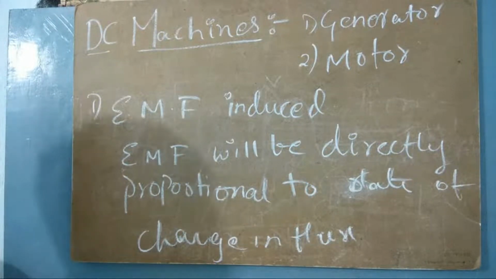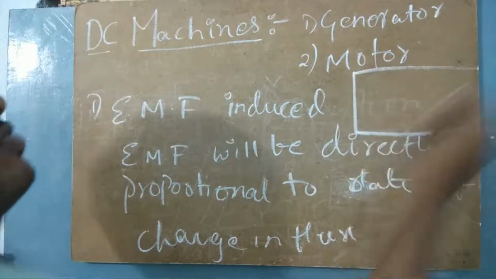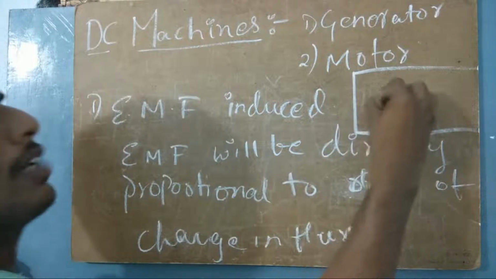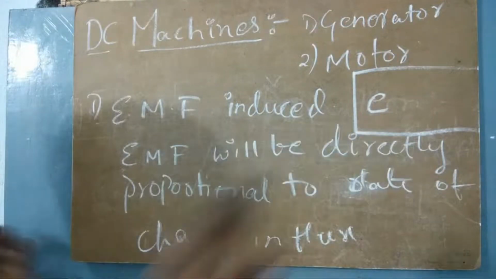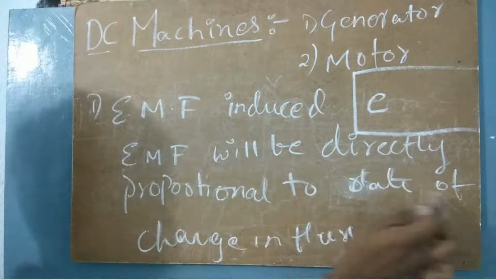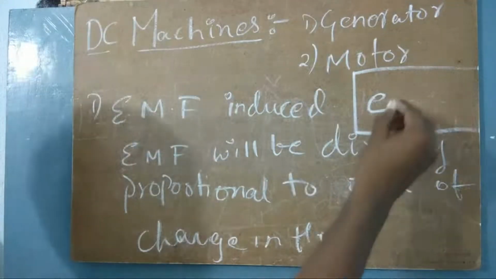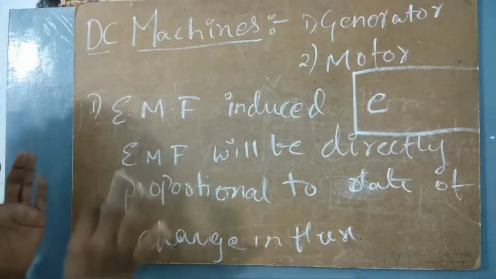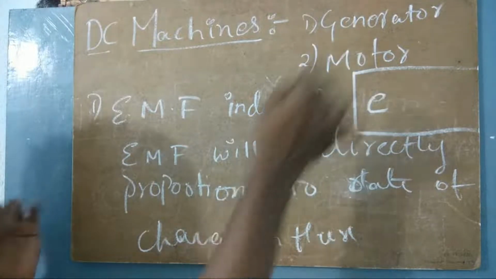So understand this very clearly. I am writing its mathematical equation also. Let us consider that the EMF that is produced is given by E. This EMF produced will be directly proportional to the rate of change of flux. Let us understand this. This is the starting point of the generator equation, because the EMF equation of the generator will be derived in this same way.